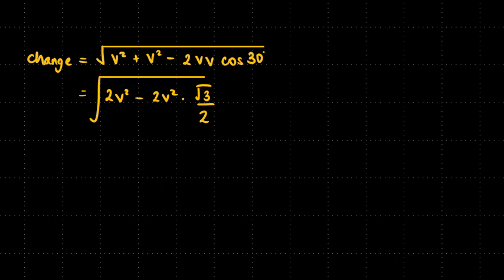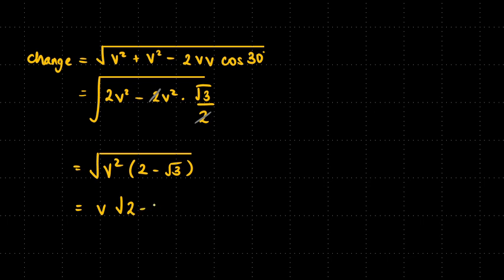If you just do this, the 2's will cancel each other out. Now if we take v square as common, you get v square bracket 2 minus square root of 3, and just by this step I can tell you that the answer is D, none of the above, since I don't think any of the options will give us the answer that we want, right? So this is going to be 2 minus square root of 3.